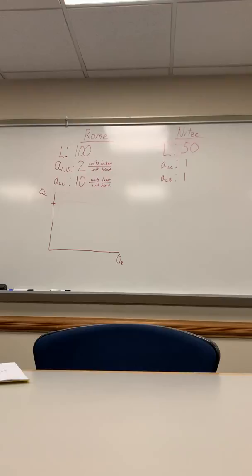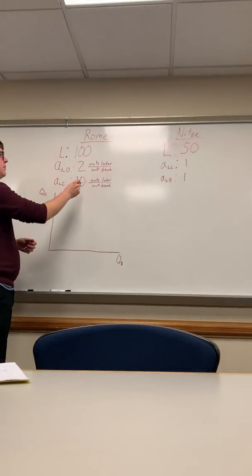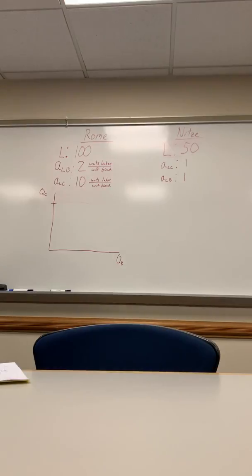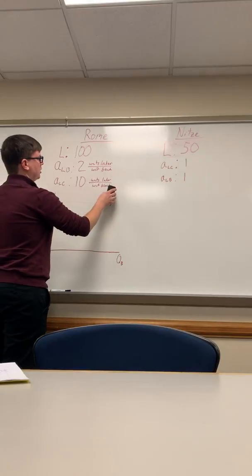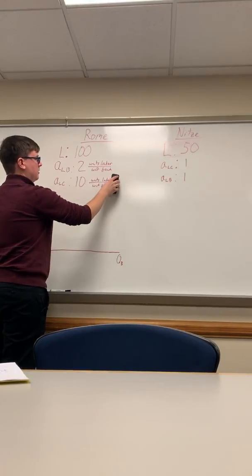What if I told you that rather than being 10 units of labor per unit of bread, so rather than being the amount of labor that I need to produce a single unit, what if it was the productivity? What if I gave you instead, if I said this was the productivity of a single unit of labor?